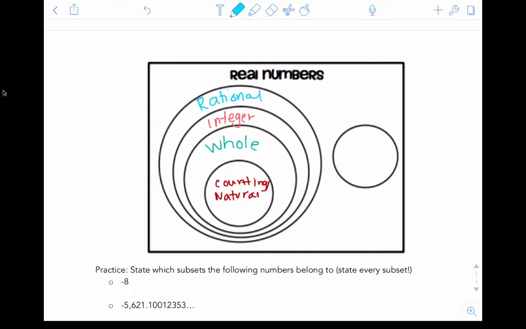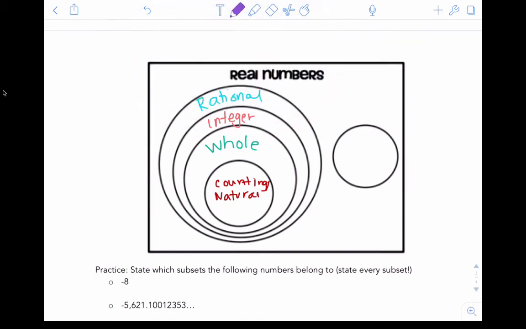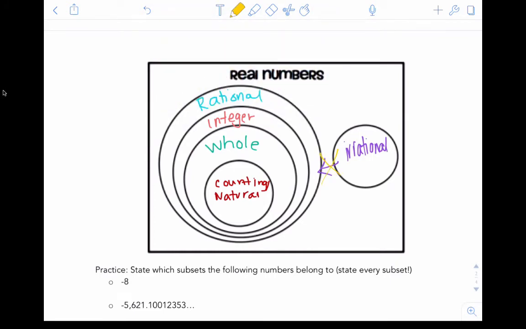So if it is any of those, it is also rational. And then over here on the side, separated from all of those are the irrational numbers. So if I have a number that's irrational, then there's no way it can be any of those numbers over there.